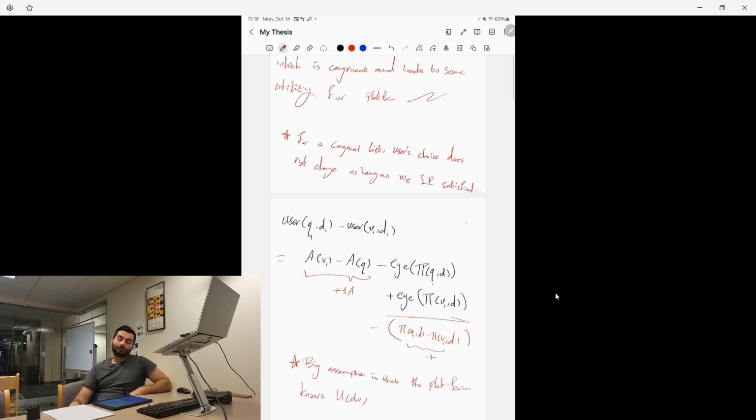Well, even if we look at Negin's paper, they were saying that it's just a random variable to both platform and the user. They were random variables in Negin's paper.